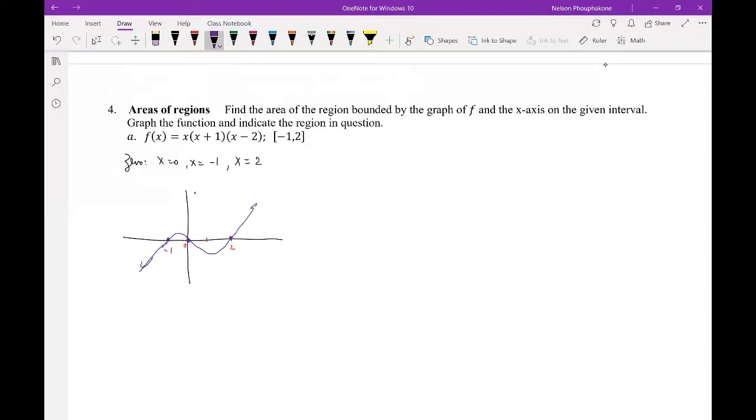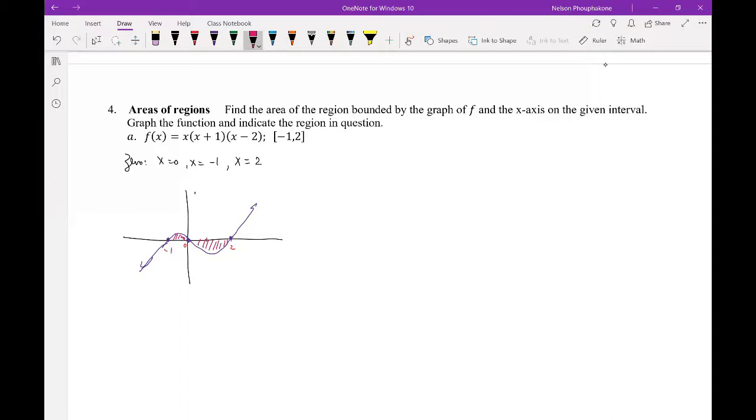Okay. Now I would like to find the area of the region bounded by the function and the x-axis. Basically, what I'm looking for here is this area, plus this area.